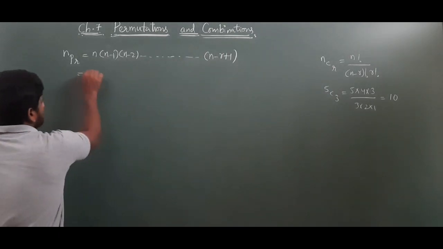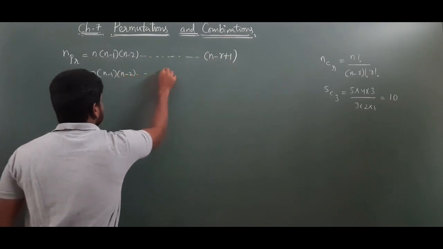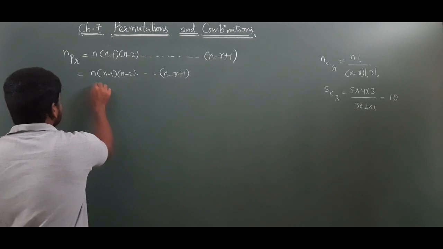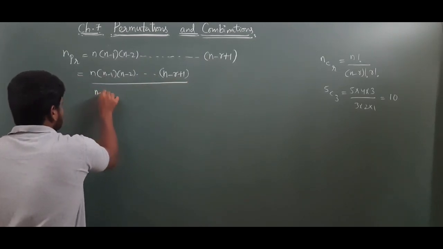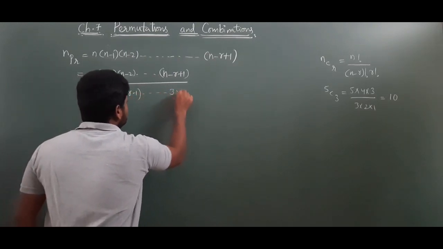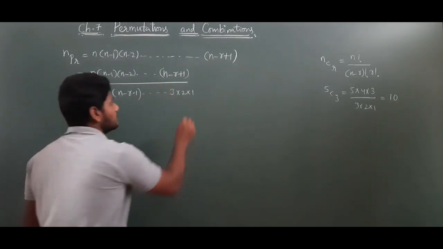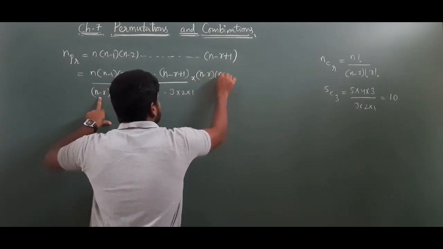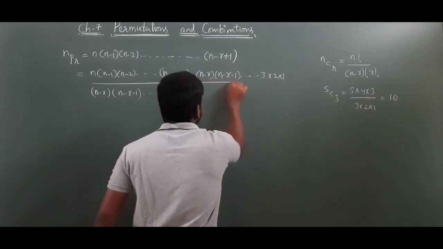For this, what I will do is multiply and divide with n minus r into n minus r minus 1, so on up to 3 into 2 into 1, right? So that same thing I will multiply here.